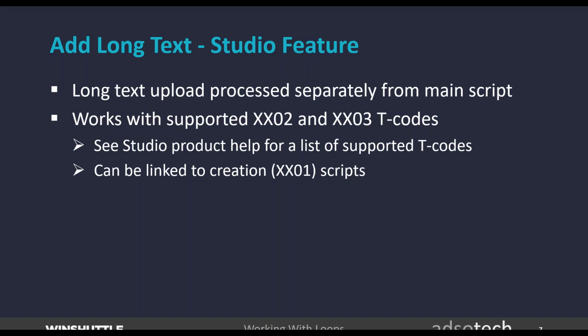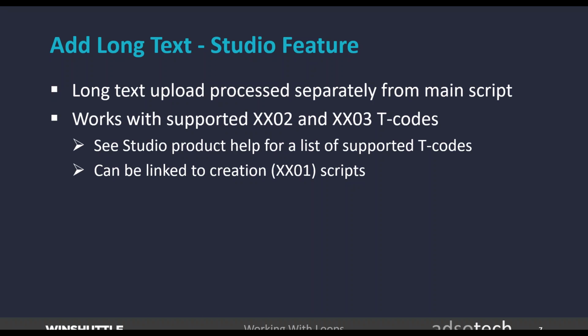The way this works, which can be a little confusing when you first start working with long texts using this feature, is that the long text upload is managed separately from the main script. The idea is that you will need some sort of script, and the example I'll be going through today is related to material master data, so it's going to be an MM02 process. We'll first record something simple in MM02, so we have an MM02 script.